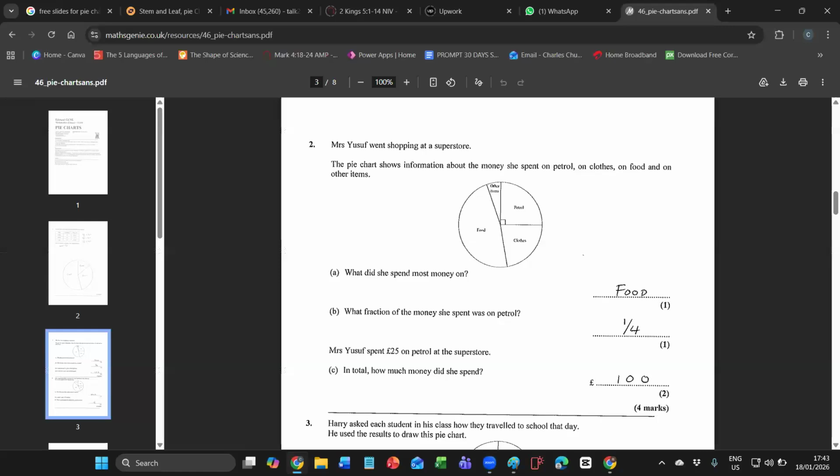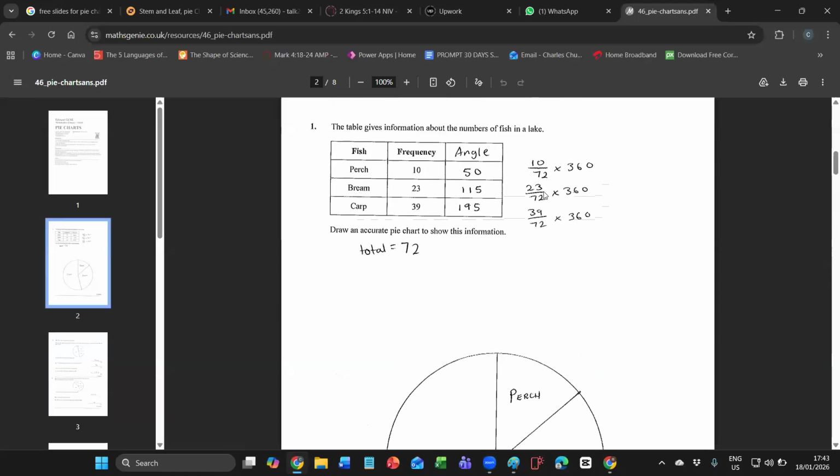So what was the first one's angle? 50 degrees. And 50 degrees was obtained from this first calculation: 10 over 72 times 360 over 1.